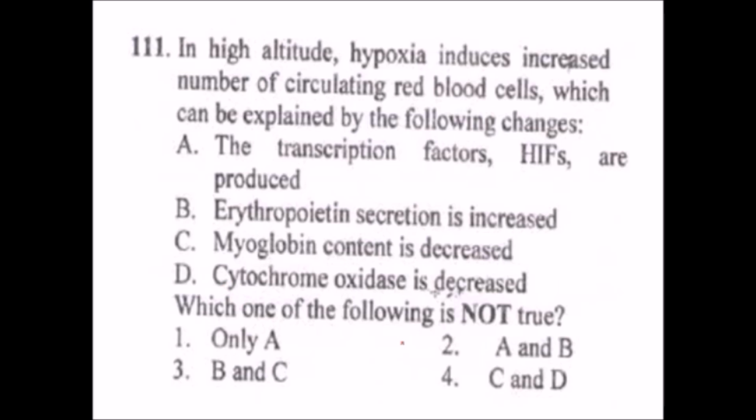But the question is asking for the wrong statement. So statements C and D are wrong, which say the myoglobin and cytochrome oxidase are decreasing. So the answer will be C and D. Instead of decreasing, they should increase during hypoxic conditions.